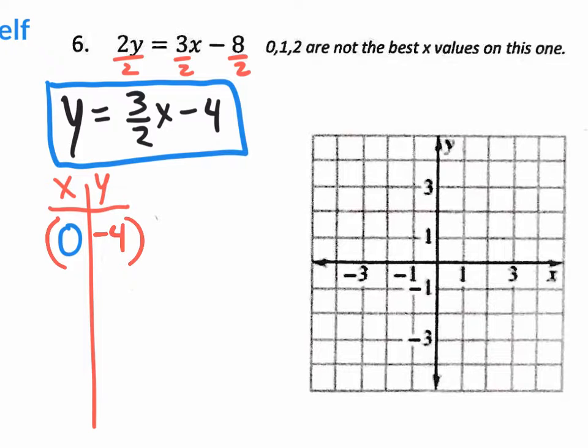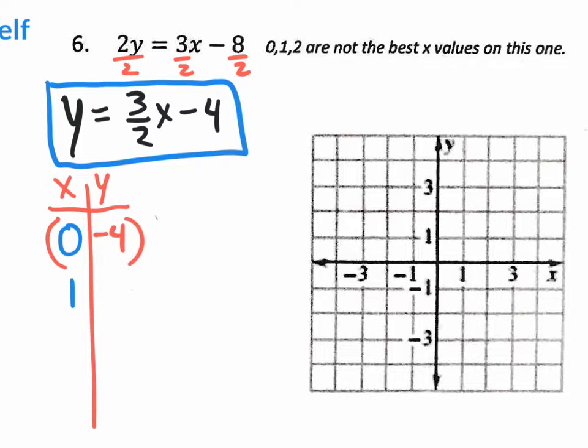Now, I'm not going to use 1, and I'll tell you why. I mean, I could if I wanted to. But when I use 1, 3 halves times 1, I end up with a fraction 3 halves. And then 3 halves take away 4, I'm going to end up with the output that's a fraction. And I don't really like graphing fractions that are not clean points. You know what I mean? You could do it if you wanted to.